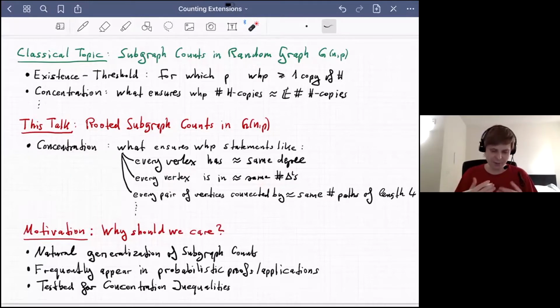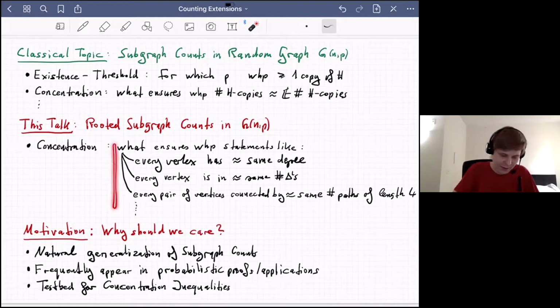This is the kind of question we're interested in: what conditions ensure that all these quantities have the correct counts? I'll try to define on the next slide exactly what rooted subgraph counts are, but I hope this gives you some intuition about the kind of objects and questions we're looking at.